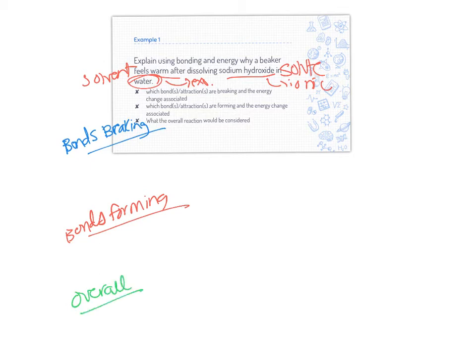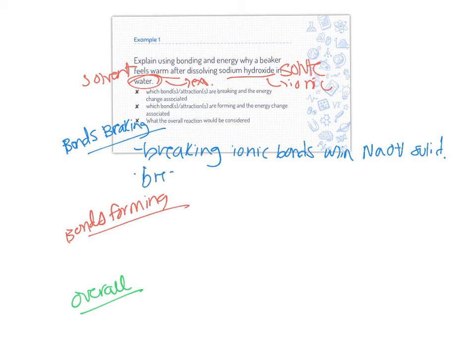Which bonds are breaking here? We need to break the ionic bonds within the NaOH solid. We also must break some, not all, a few hydrogen bonds between water molecules.